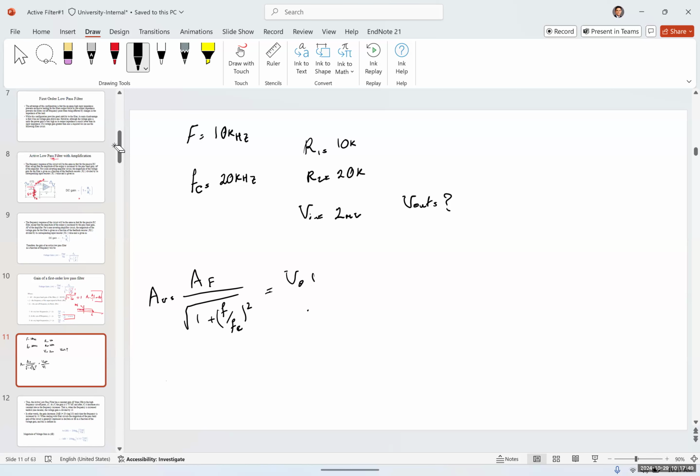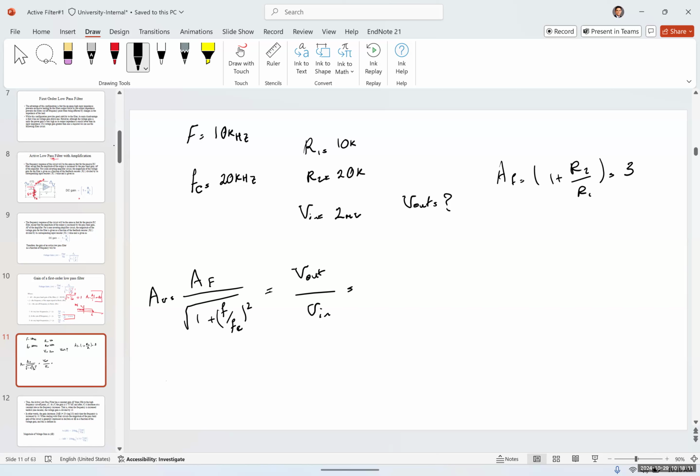So AV is equal to V out over V in. What was your answer, by the way? 0.37, okay. So AF, as we know, is going to be 1 plus R2 over R1, which is 1 plus 20 over 10, which is 3.